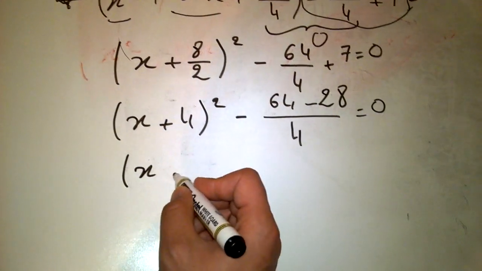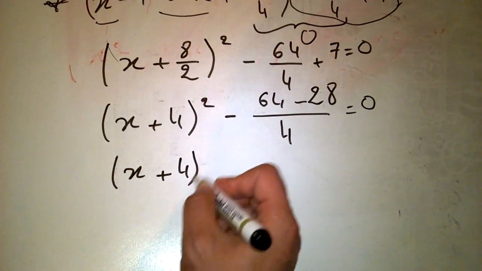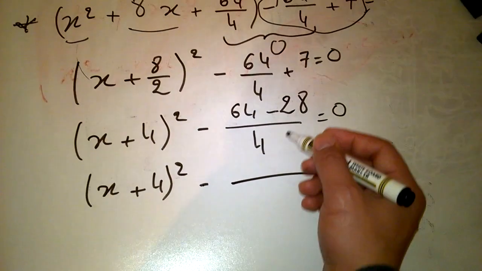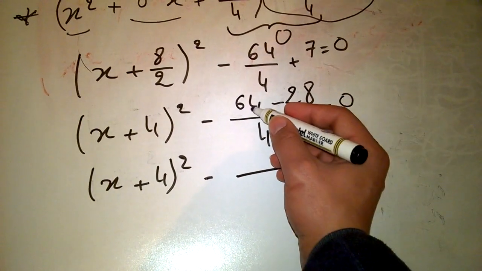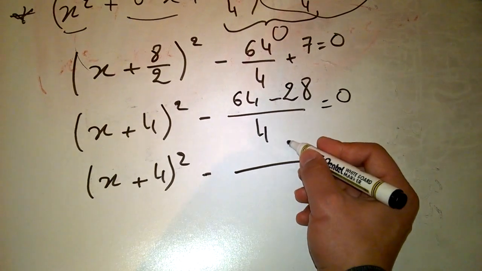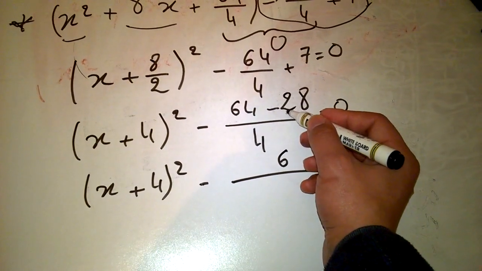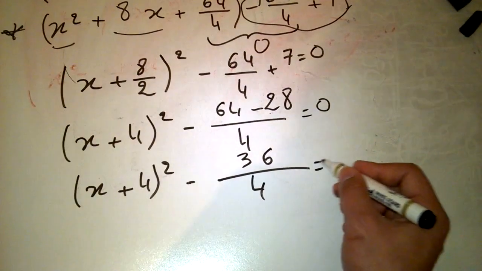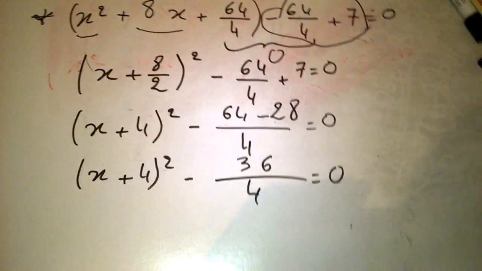X plus 4 square minus 64 minus 28 is 36 over 4. If I do a mistake, sorry, but yeah.